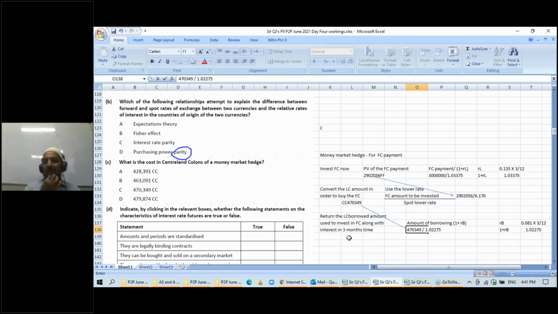So the amount in the local currency that you will have to pay, the redemption amount of this borrowing, the principal and the interest amount. So this will make 479,874 Centraland colons. So this is your answer.